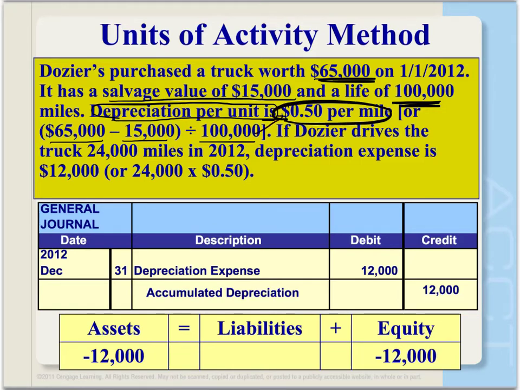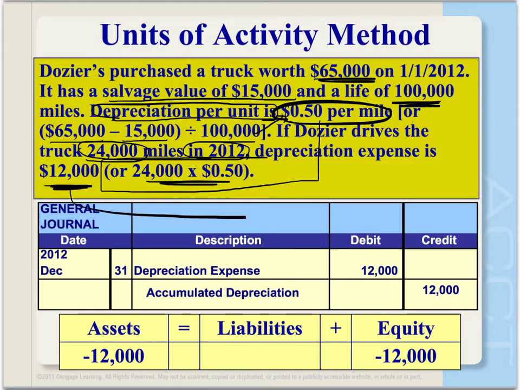Then you take this amount and multiply it times 24,000 miles, which is the amount of miles they drove in 2012. 24,000 times 50 cents equals $12,000 of depreciation for the year. So we would debit depreciation expense and credit accumulated depreciation.